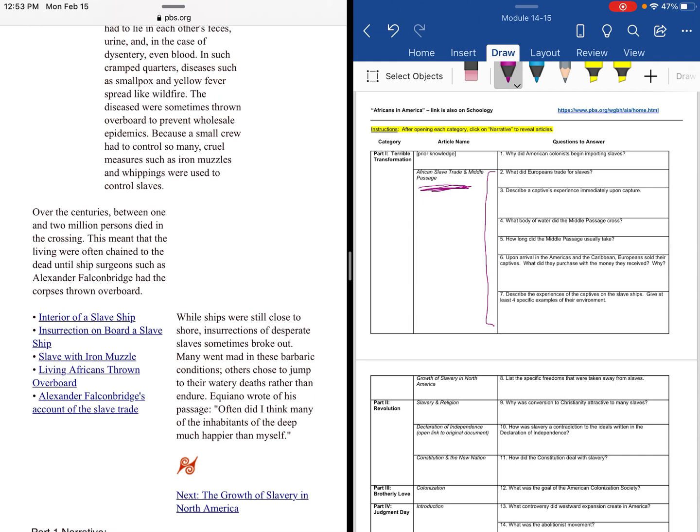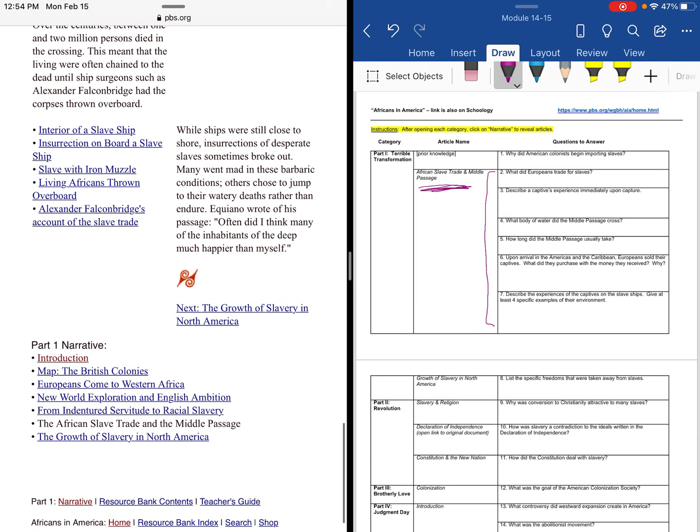This meant that the living were often chained to the dead until ship surgeons, such as Alexander Falconbridge, had the corpses thrown overboard. While ships were still close to shore, insurrections of desperate slaves sometimes broke out. Many went mad in these barbaric conditions. Others chose to jump to their watery deaths rather than endure. Equiano wrote of his passage, "Often did I think many of the inhabitants of the deep much happier than myself."